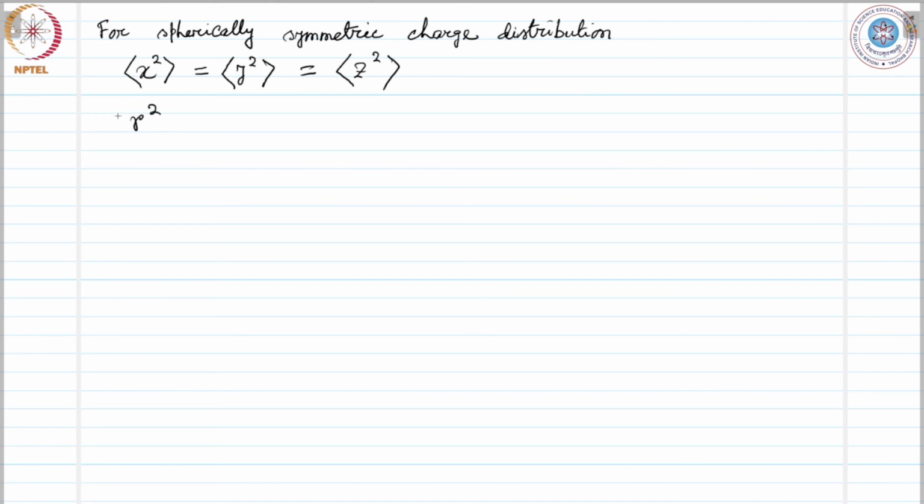Then we can clearly write the average of r squared equals 3 over 2 times the average of rho squared.